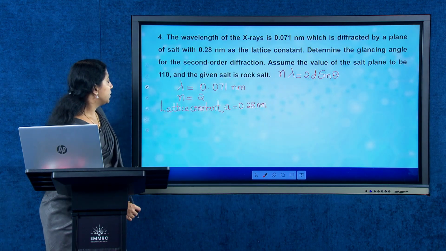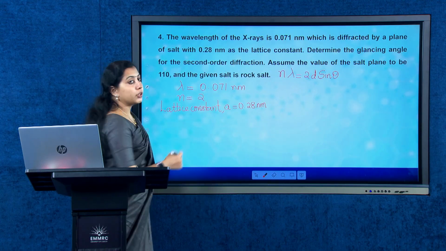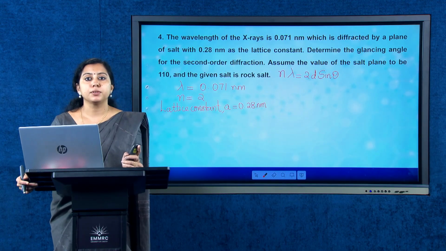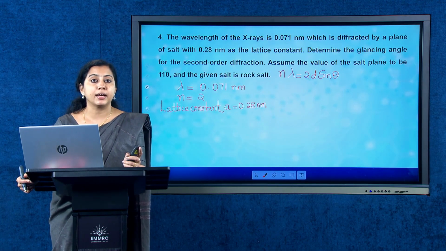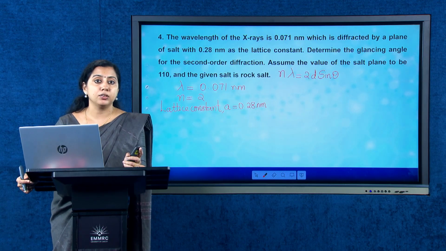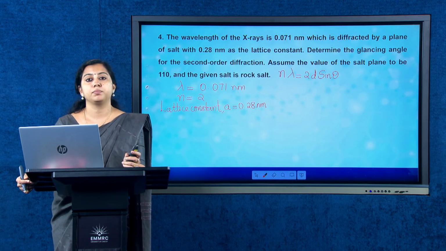Okay. So, you have to find out the glancing angle, that is theta, for the second order diffraction.